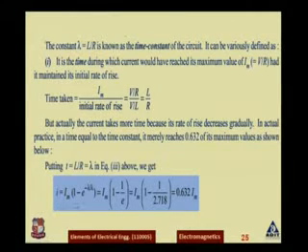So I is equal to Im in bracket 1 minus E raised to minus T by lambda. Now what is the value of E? It is 2.718. So putting the value in the equation we get 1 minus 1 upon 2.718, that is 0.632 Im.